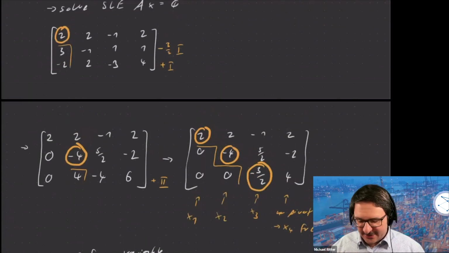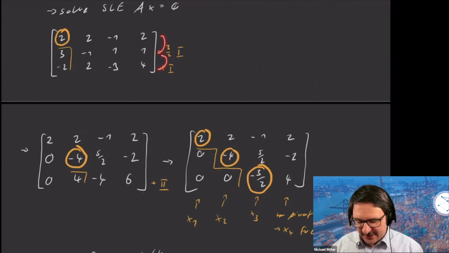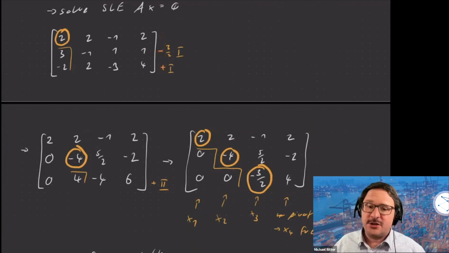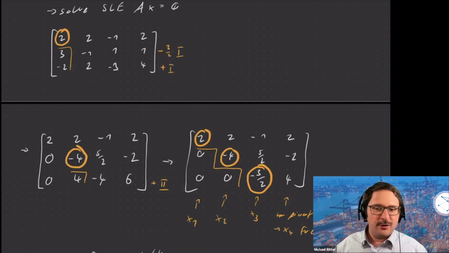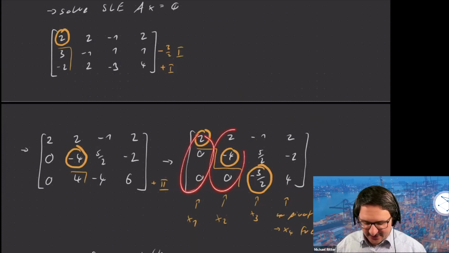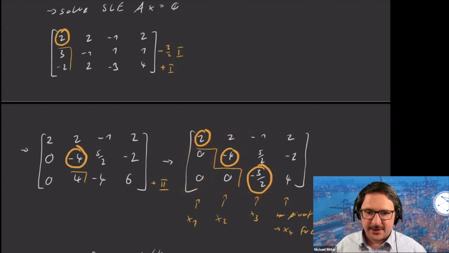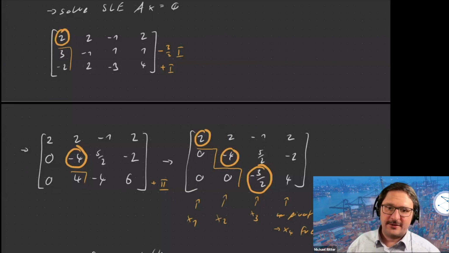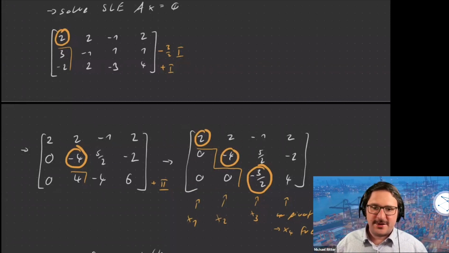Because you're manipulating the rows. So you don't change the row space, but you do change the column space. You don't change its dimension. That will stay the same, but the space itself might change. And that's why you can't just take these vectors here as a basis for the column space. That will generally be a different space.